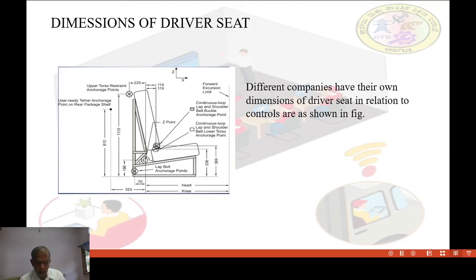Total height of the seat from the pan is 369 mm and belt center is 336 mm. Other details are as shown in the figure.